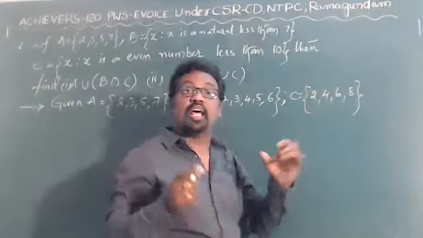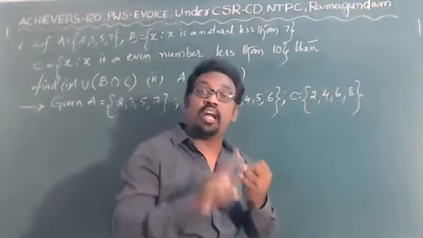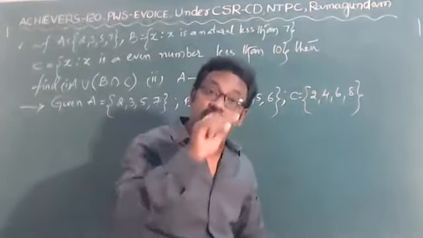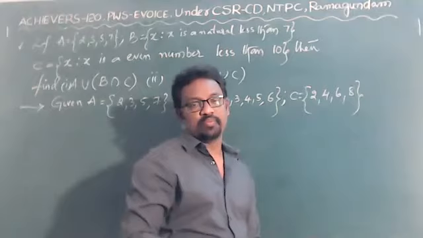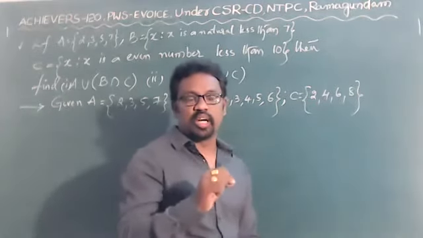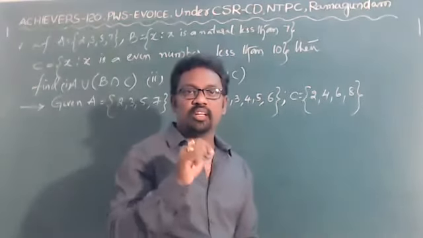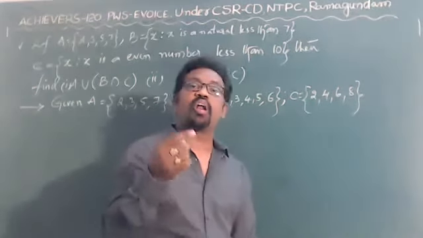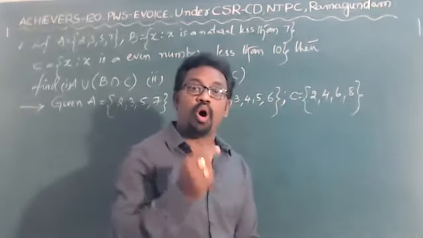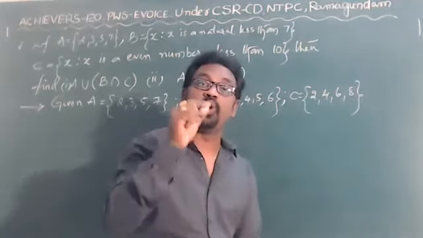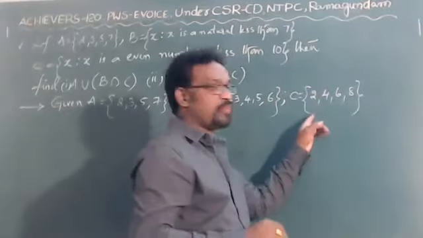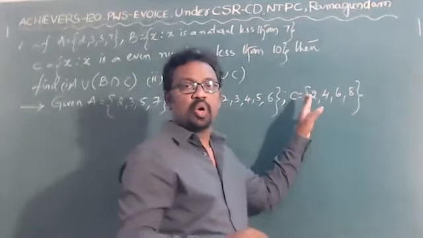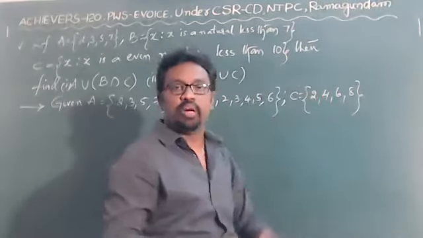You can write less than 9, less than 10, or less than or equal to 8. This is converting roster form to set builder form.